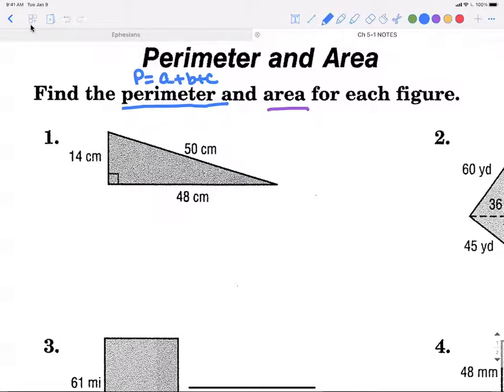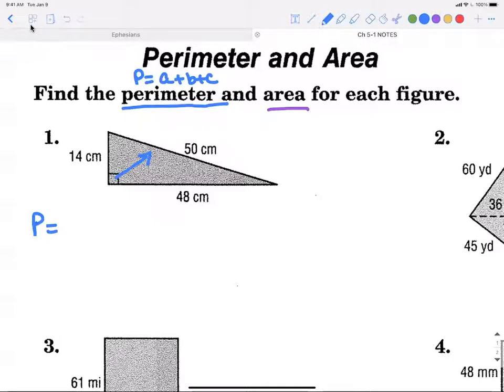So for this, I've got my perimeter equals. You always put that, P equals, as part of the equation. And then it doesn't matter what you call A and B, okay? A and B are interchangeable, but what is always C? Does anybody remember? Yeah. C is always the hypotenuse, and the hypotenuse is always the one opposite the right angle.